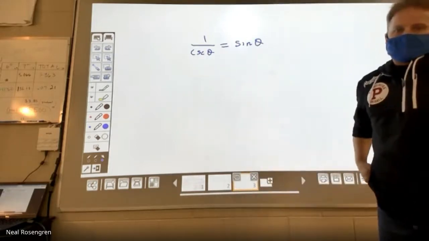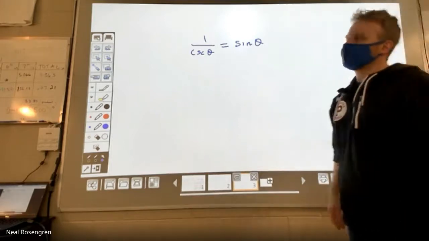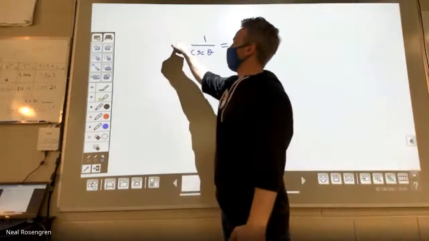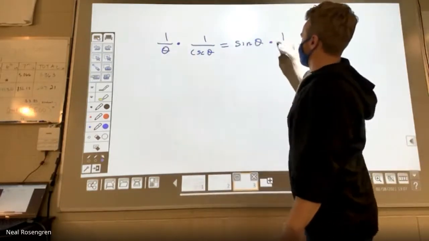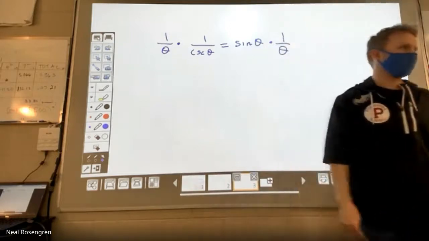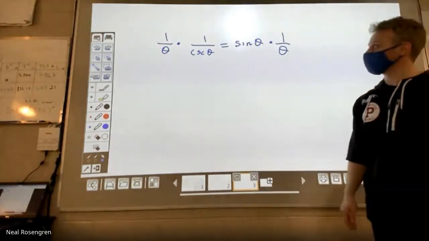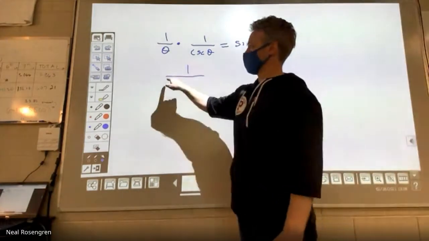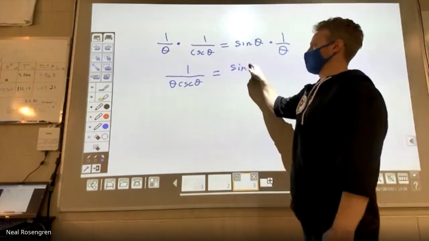They're reciprocals, right? So it works in both directions. And if I were to multiply by 1 over theta on the left and 1 over theta on the right, is that still true? All right, multiply by the same thing left and right, so I'm good. So these two are the same.